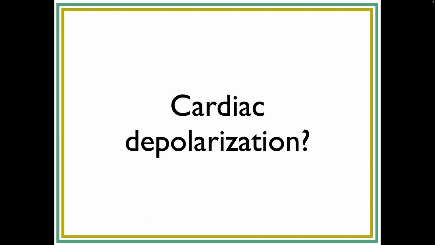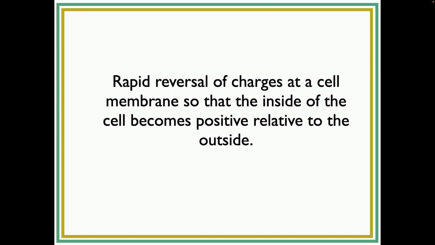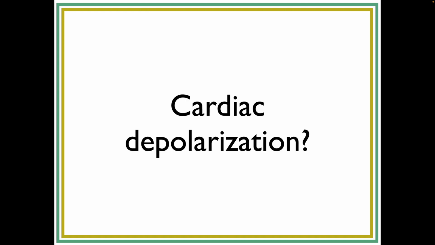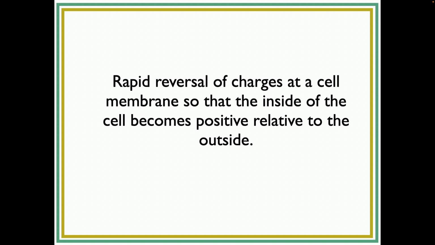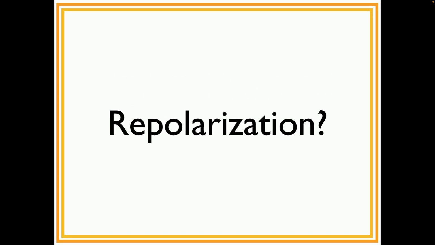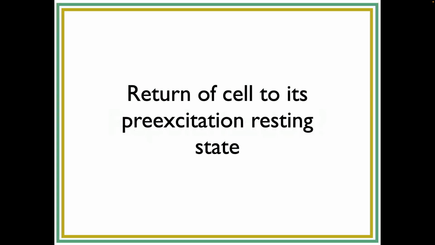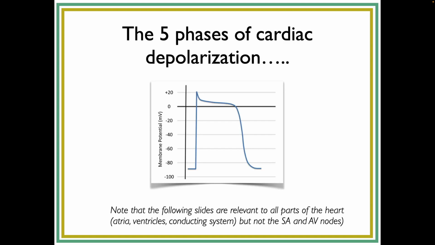And cardiac depolarization, I'll just give you this one, is the rapid reversal of charges across a cell membrane so that the inside becomes positive relative to the outside. So we're going to go through these definitions and then we'll get very specific. And repolarization is after depolarization, the cell has to return to resting potential, and it does that through repolarization.